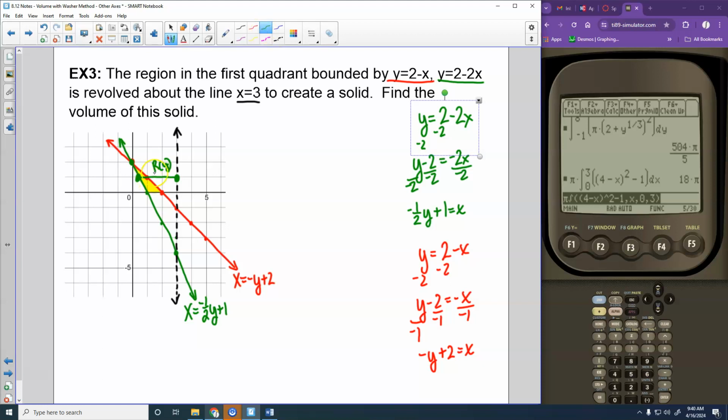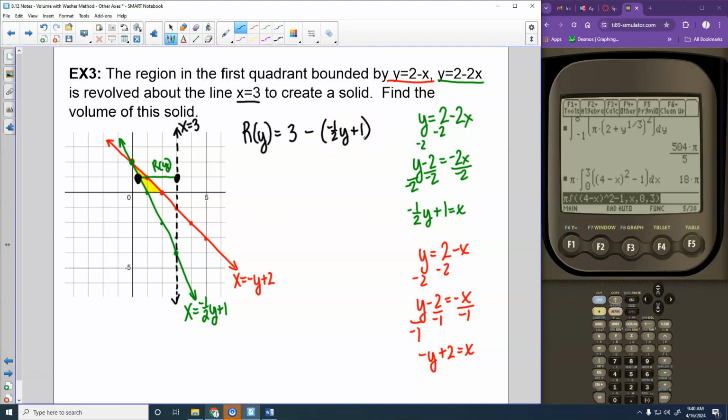So if I look at that line I have there for my R of y, capital R of y, the end point furthest to the right is right here. Which line is that on? X equals 3. So that's going to be 3. The right side is on 3. What's the left side on? Half y plus 1. Half y plus 1.